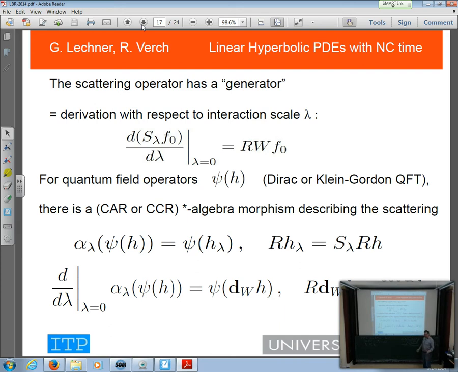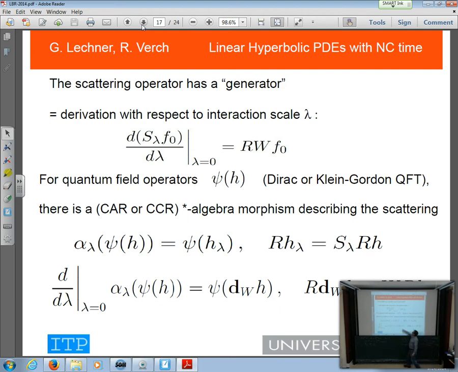is, so to say, the C-star algebraic second quantized version of the scattering, which happens at the one particle level, so at the level of these functions. So it does the same as at the one particle level. It describes the scattering of the quantum field when it interacts with the potential, and here it can interact with this non-local potential.